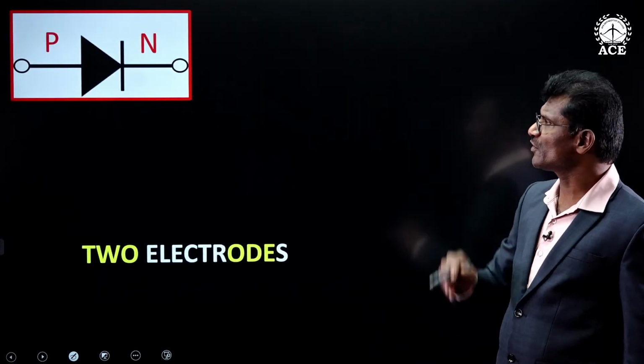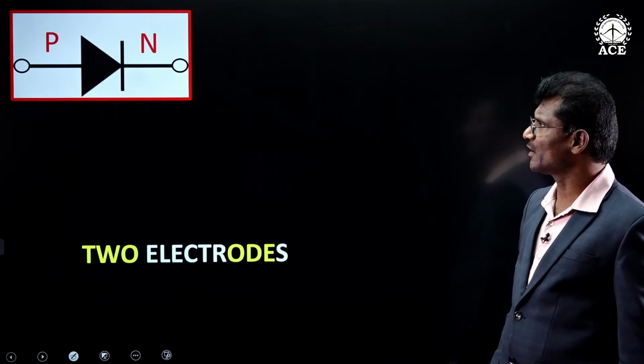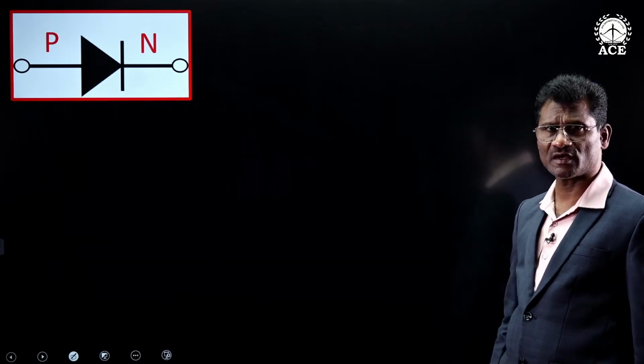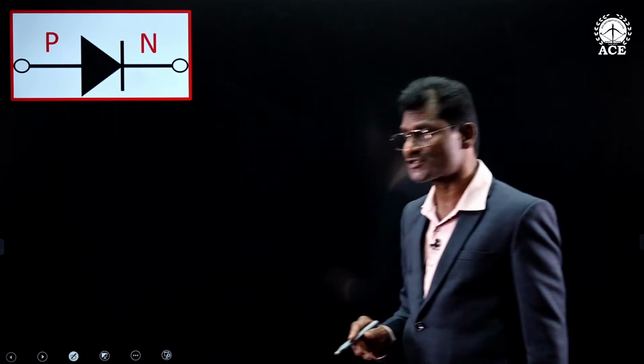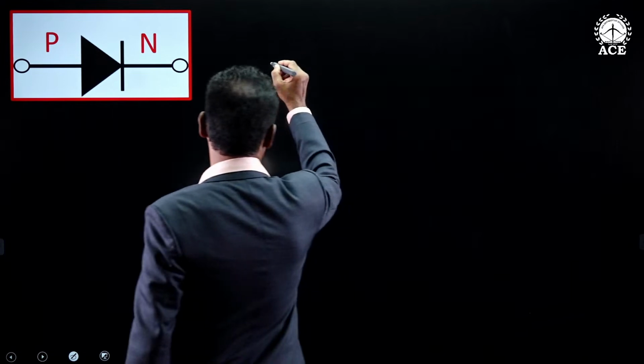Now, before the existence of this PN diode, we had something called as vacuum diode.